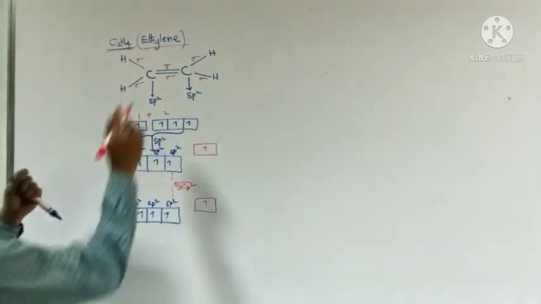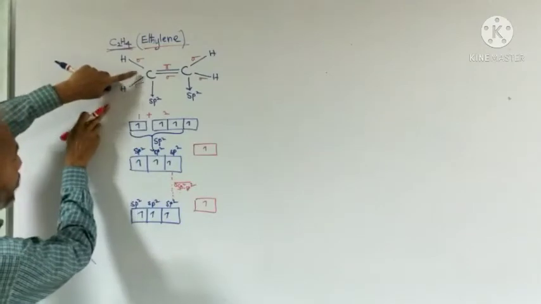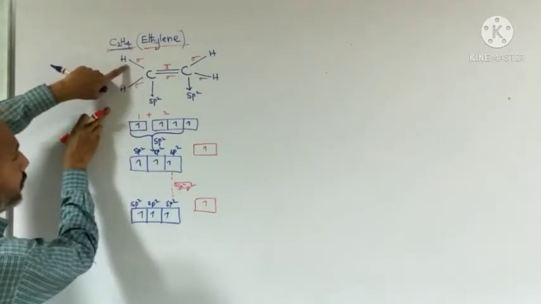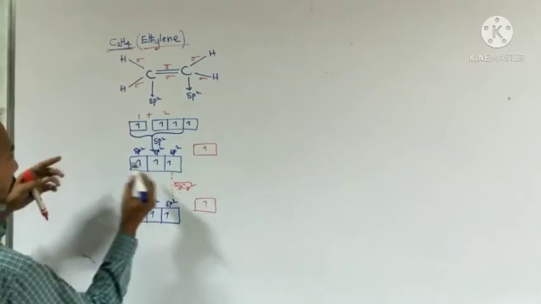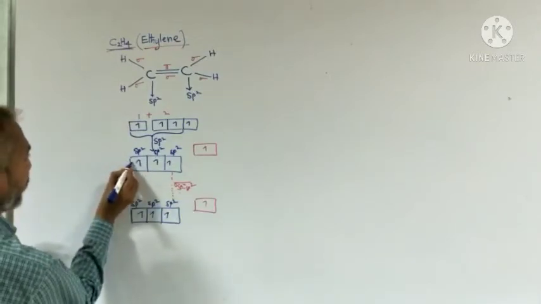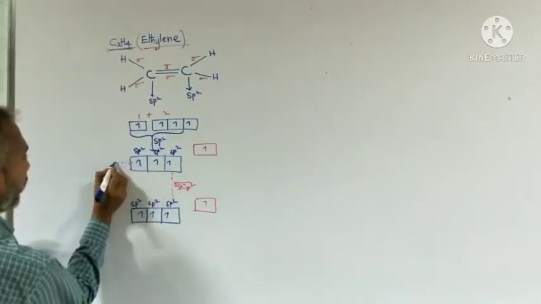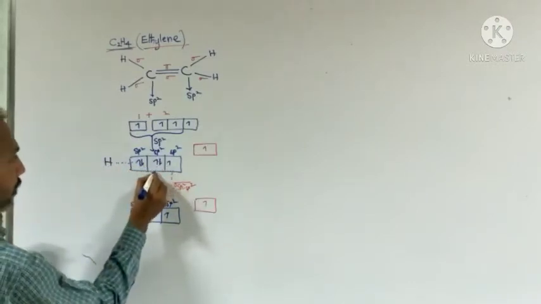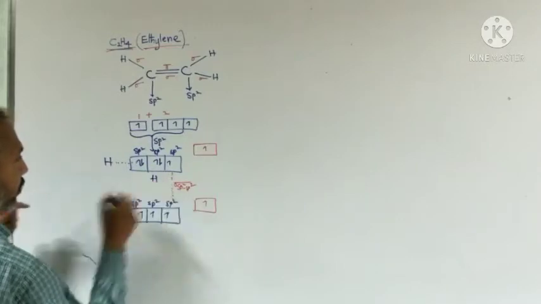Now how many hydrogens are there? C1 carbon can form 2 sigma bonds with 2 hydrogens. So here 1 hydrogen, and here also 1 hydrogen.